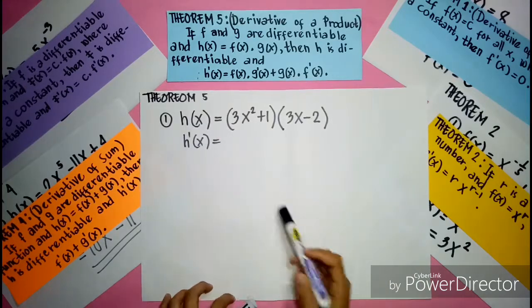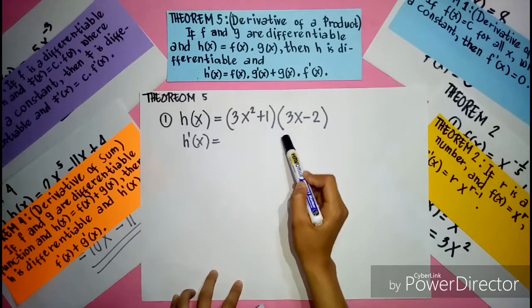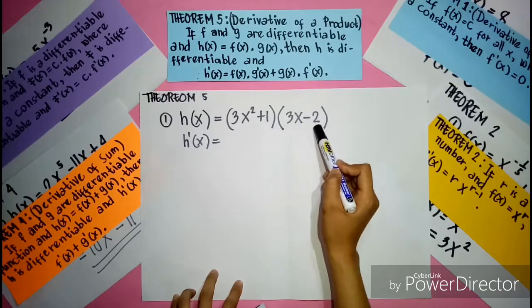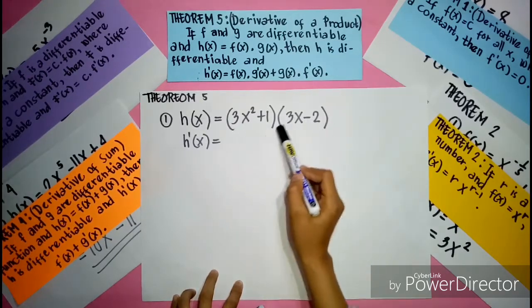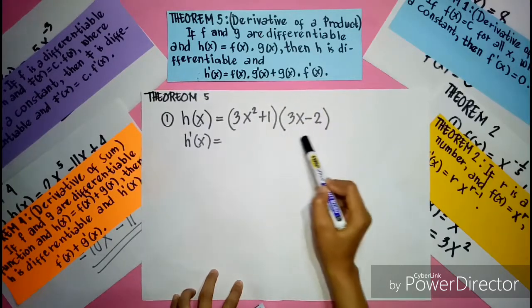We have this example. h of x is equal to 3x squared plus 1 multiplied by 3x minus 2. This is our f of x and this is our g of x.